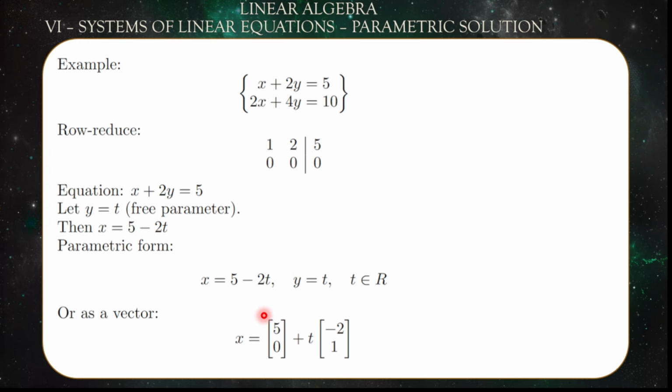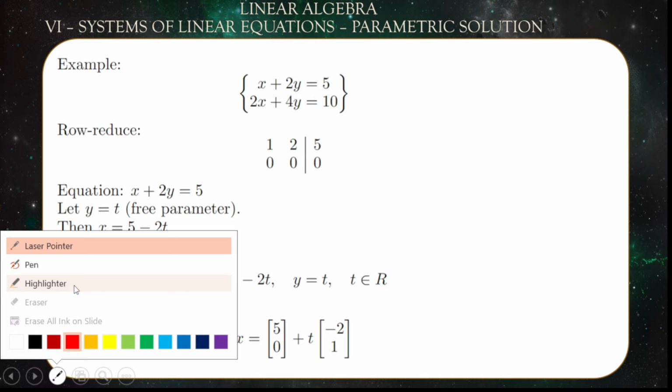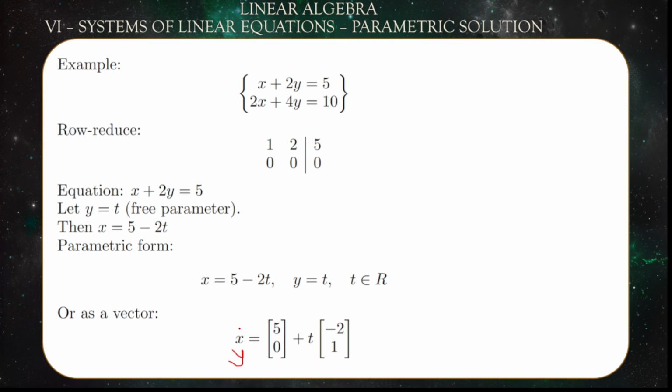So let us rewrite it so that it can become clear. So xy is equal to, respectively, x is 5 plus minus 2t, and y in the second row is equal to 0 plus t, because it's not multiplied, and you don't have any other free value. You only have t multiplied by 1. Another way to rewrite it.